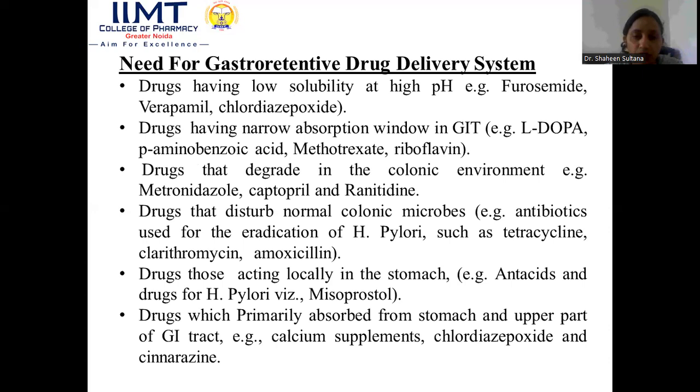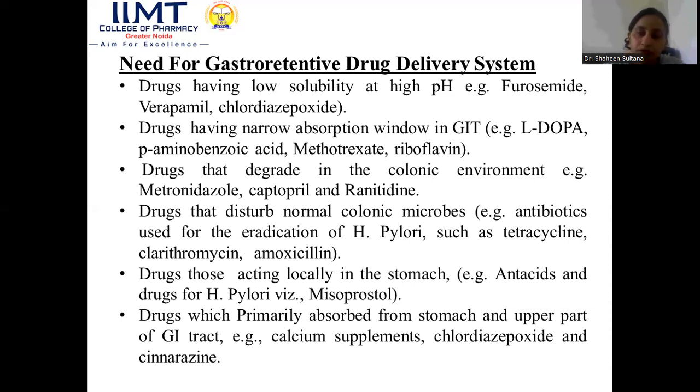Drugs that disturb the normal colonic microbes, like antibiotics used for the eradication of H. pylori, such as tetracycline, clarithromycin, amoxicillin, etc., can be given as a gastroretentive drug delivery system. Now, the drugs acting locally in the stomach, like antacids and drugs for H. pylori, want the action in the upper tract of the GIT.